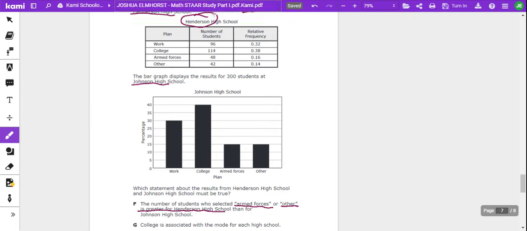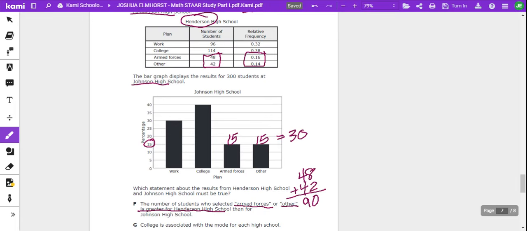Okay, so we go here to Henderson. So we have 48 and 42. So that's going to be 90 students. So we go over here. This is 15 and 15 together is 30 students.